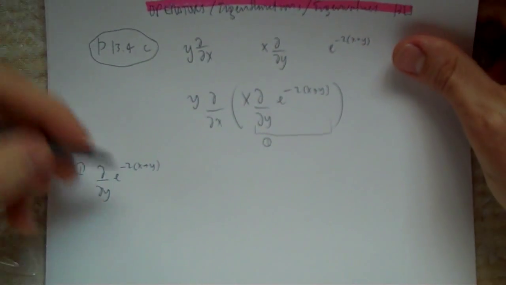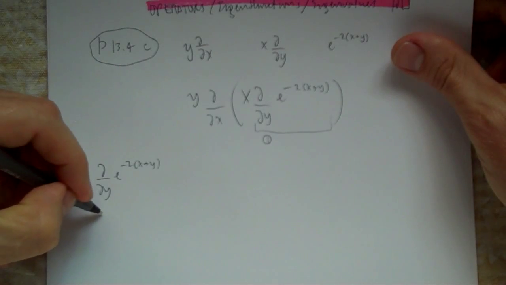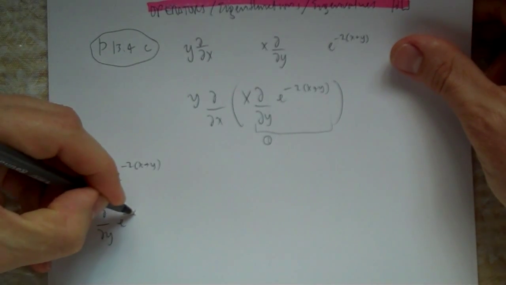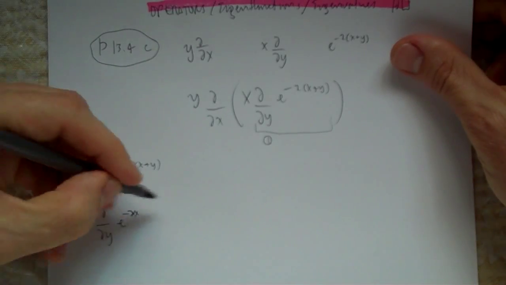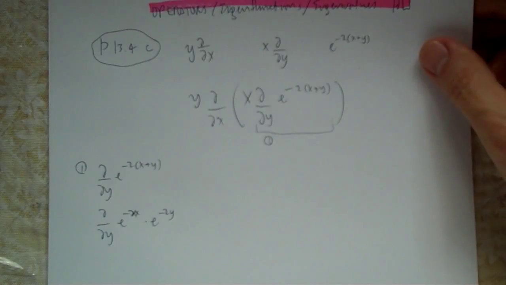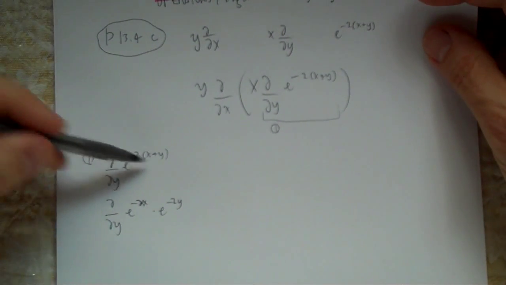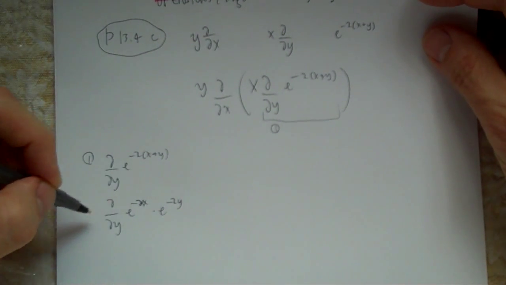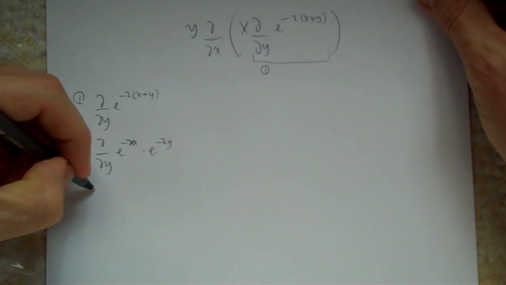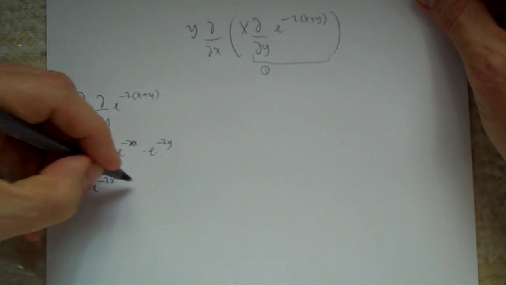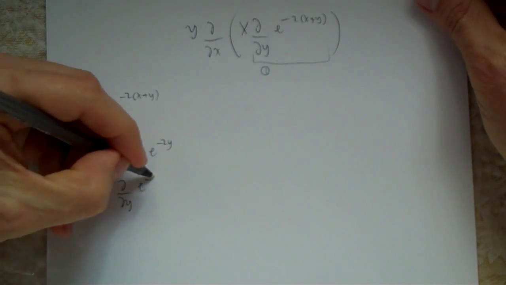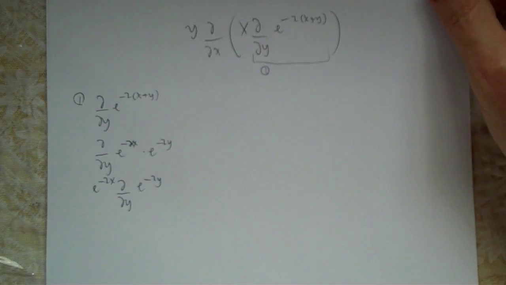This is the same thing as d/dy e to the minus 2x times e to the minus 2y. That's a rule from exponents. In your first lab, we've got that rule written out. This is the same thing as e to the minus 2x d/dy e to the minus 2y. Much easier now.